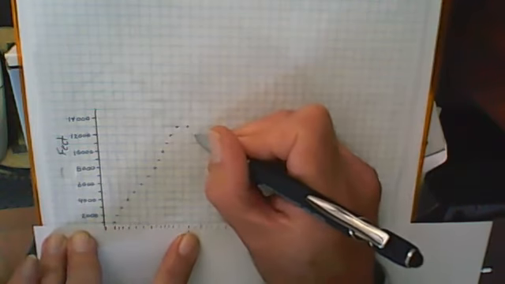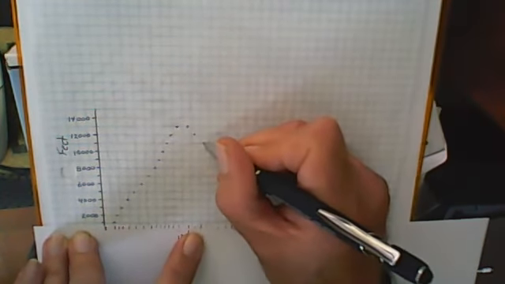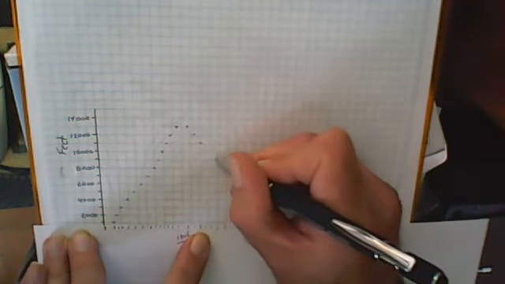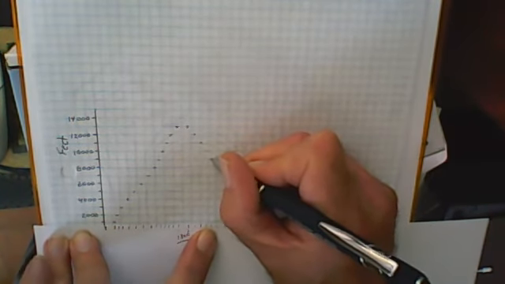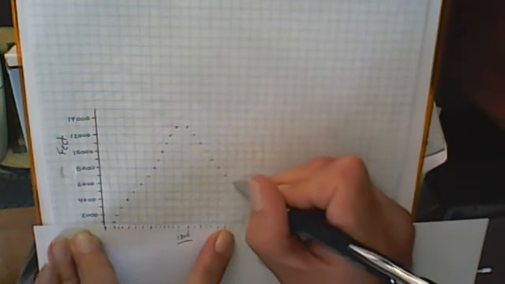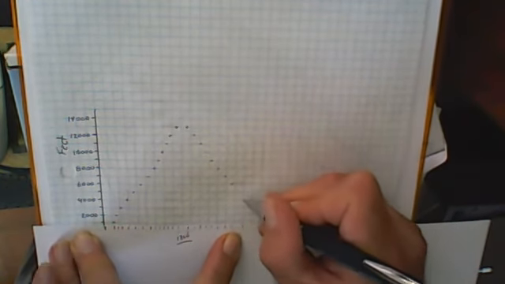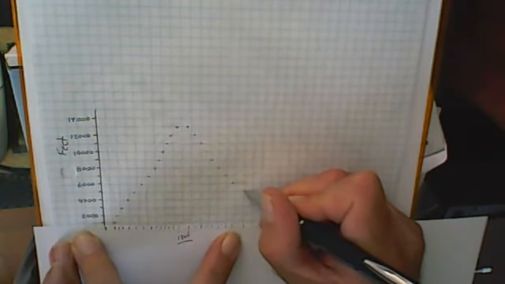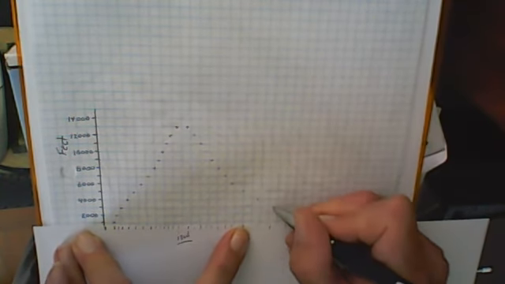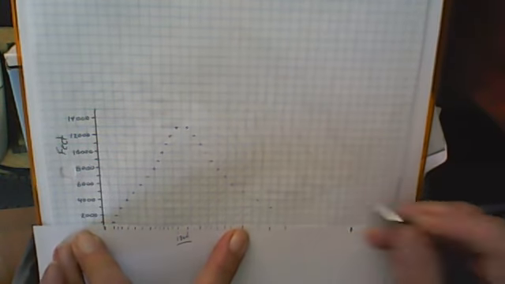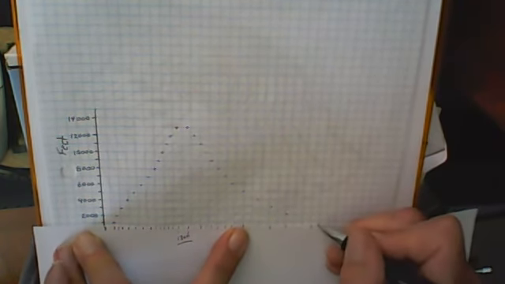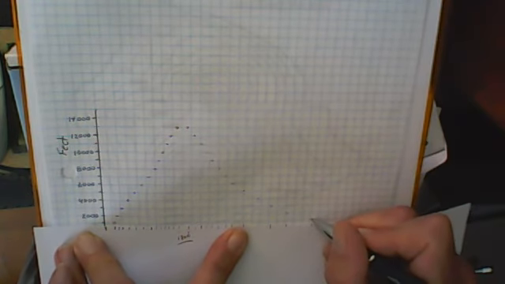And now we go down again. So now we have 12, 11, 10, 9, 8, 7, 6, 5, 4, 3, 2, and then finally 1.